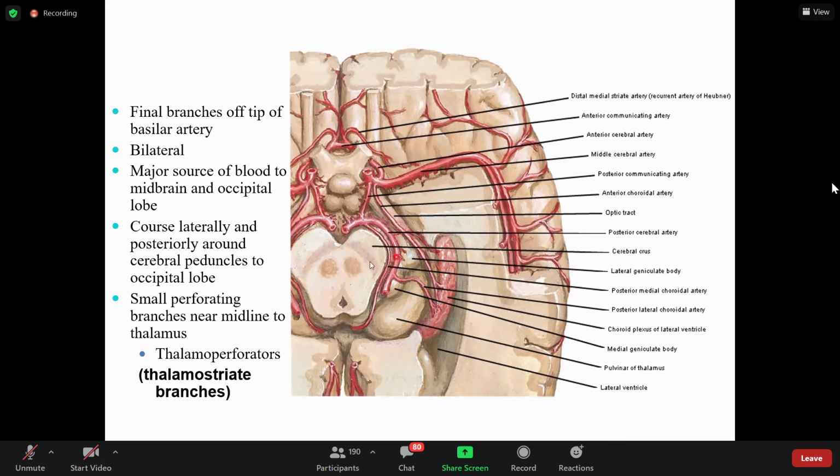But before that, of course, it's going to supply the midbrain, and it's going to supply this structure here, the thalamus. Three branches will go to the thalamus, small, tiny, little perforating branches.